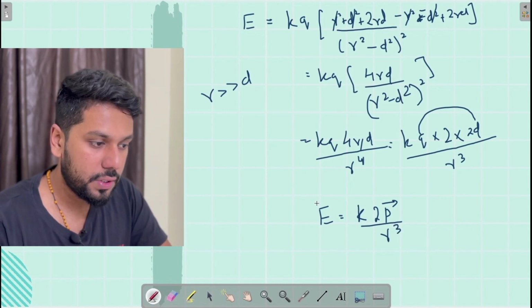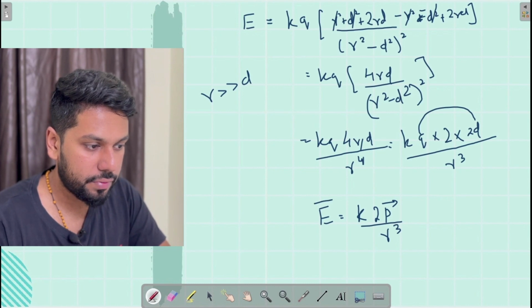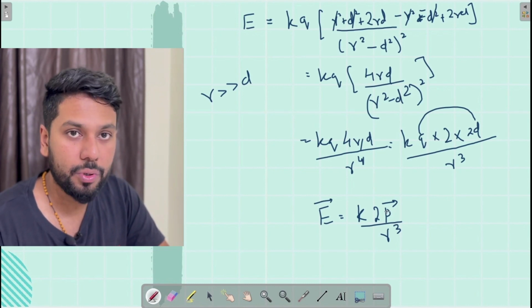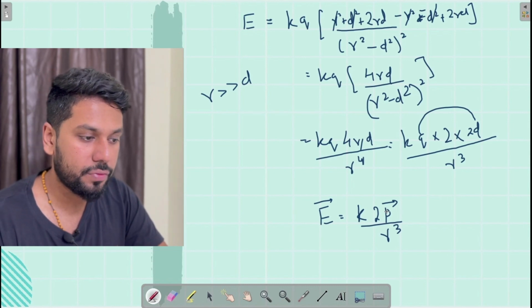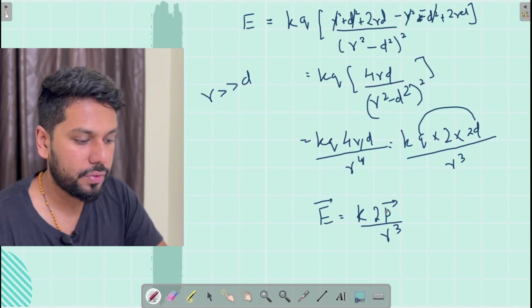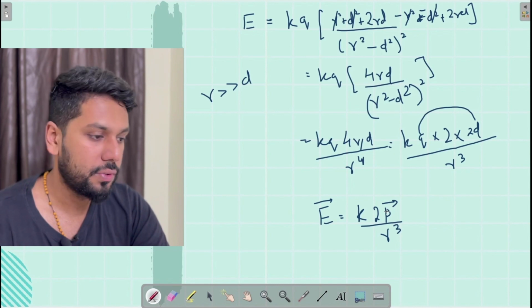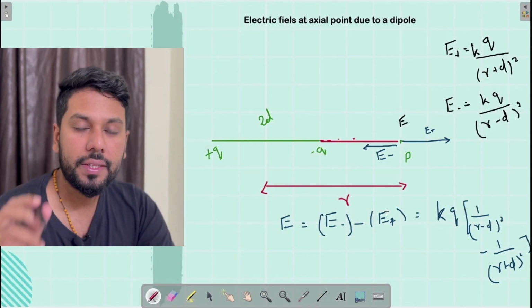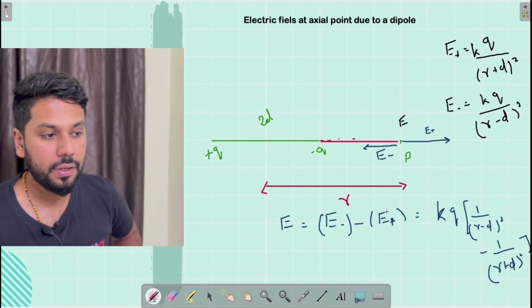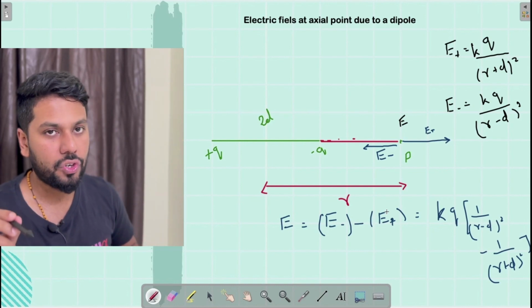Now students, you see here the direction of electric field and the direction of dipole moment are the same. How is that happening? So I will tell you. I told you that the electric field due to the negative charge is stronger.